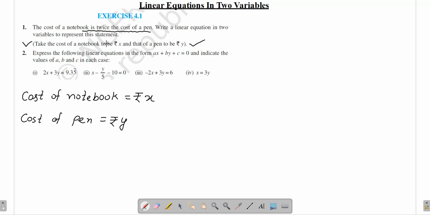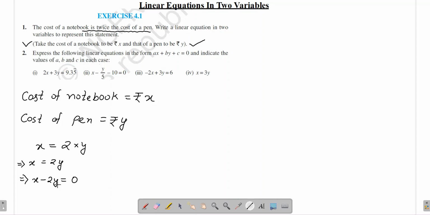It's written the cost of the notebook, that is X, is twice, that means 2 times the cost of a pen, that is Y. So we have got X is equal to 2Y. If we want to write it in standard form, we can write it as X minus 2Y is equal to 0.